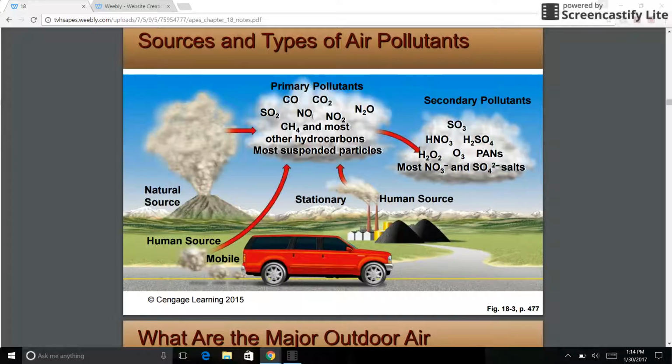So these are all things that are emitted directly into the atmosphere when we burn coal or any sort of petroleum product, for example, gasoline or diesel fuel. So you get a lot of what are considered primary pollutants. These are all things that result from these.